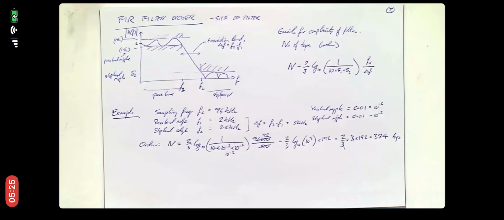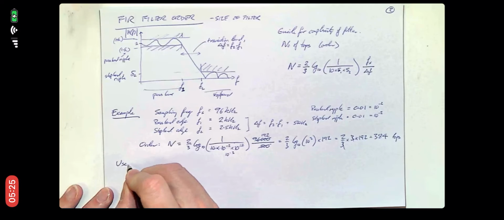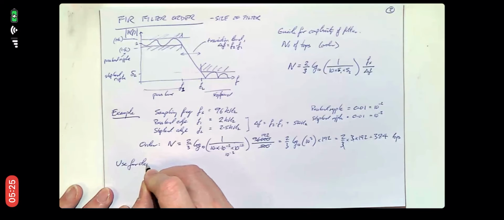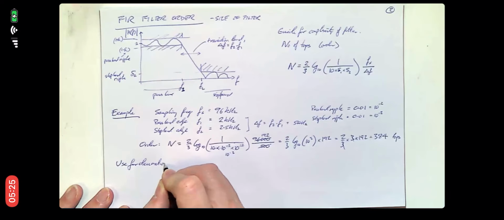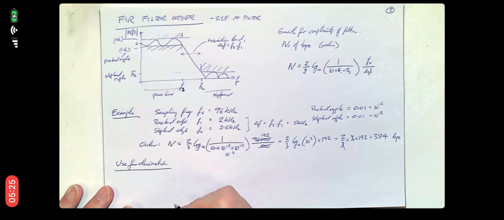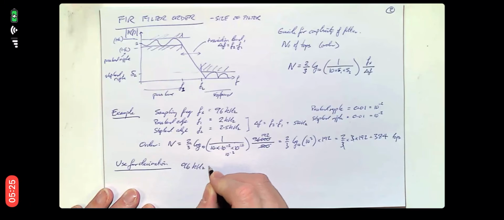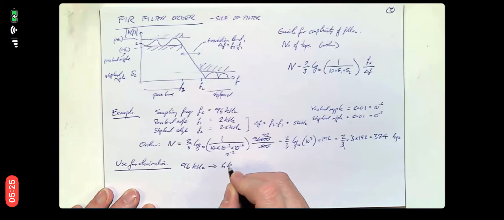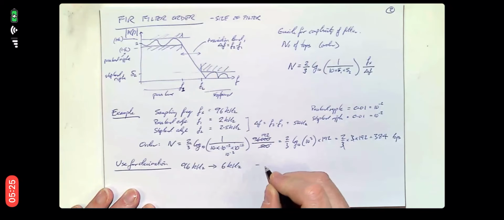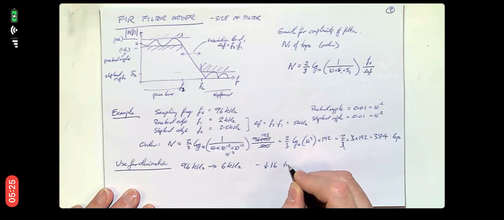Now let's suppose we were going to use this filter for decimation. We want to use this for decimation of 96 kilohertz down to 6 kilohertz. That's decimation by 16 times.